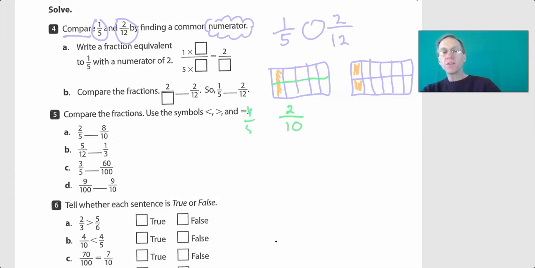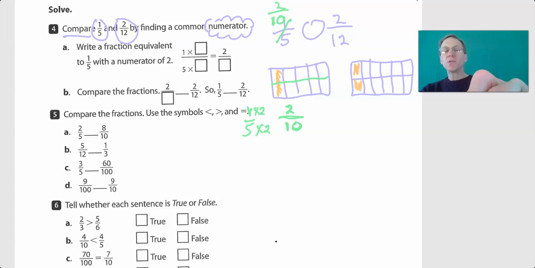I said 1/5. When I cut it with that line, I doubled the number of slices, right? I had 5. I doubled it. Now I have 10. So I also doubled the number of pieces I have. Again, I didn't make more. They're smaller. I have more pieces, but they're smaller. Hey, well, now I can compare this. Look, so instead of 1/5, let's go up and I'll put 2/10 here.